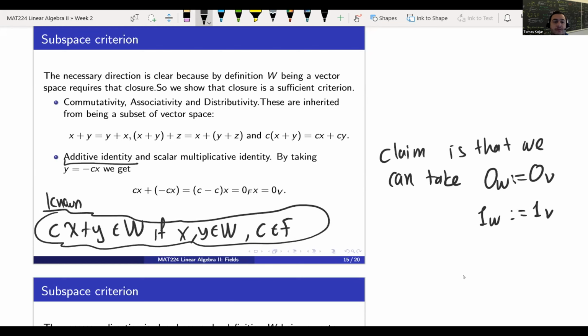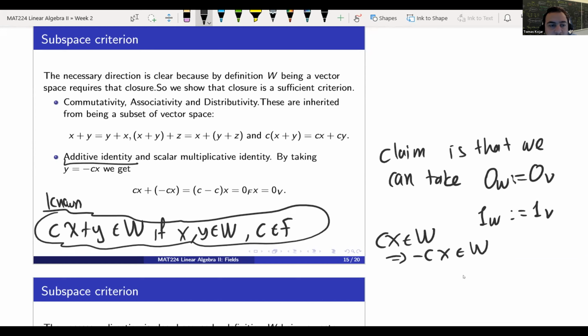We know that cx is in W, so that implies also that -cx is in W.